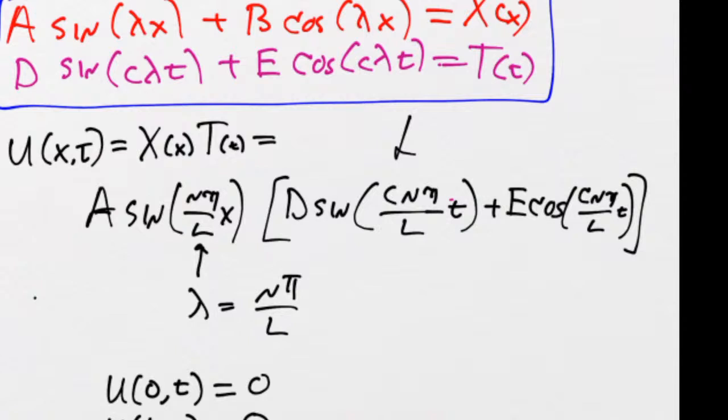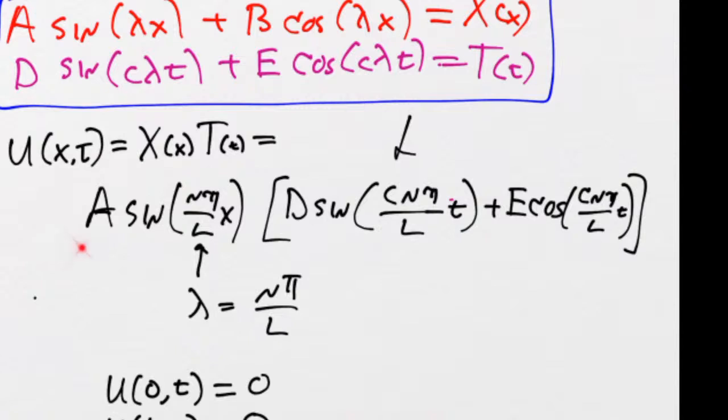And there you have it. We replaced lambda here with n pi over L. And remember, there's a c there too, the dynamic variable, the square root of the tension over the mass density. That's what that little c is.